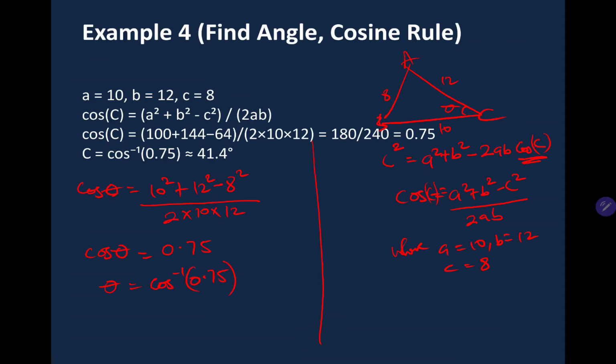Once again, you have to use your calculator to get this by using the shift button in your calculator. So the cos inverse of this will be 41.4, which is approximately 41 degrees. So that's the angle. So that's how we arrived at 41 degrees here.